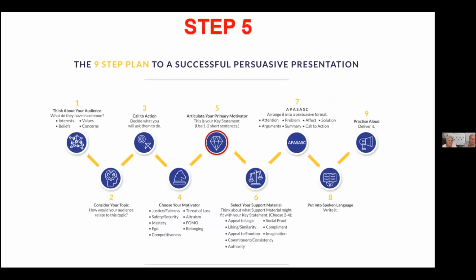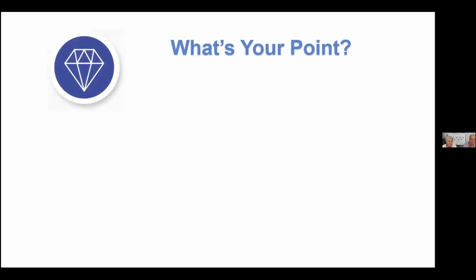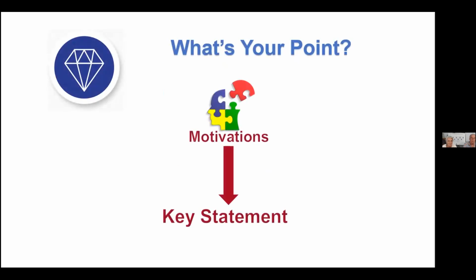Which then leads us on to step 5, which is your key statement. Your students need to have this key statement, which is about 1 or 2 sentences only. It comes out of the motivators. If at the end of the speech, as the audience were walking out, someone said, what was the key message of that speech?